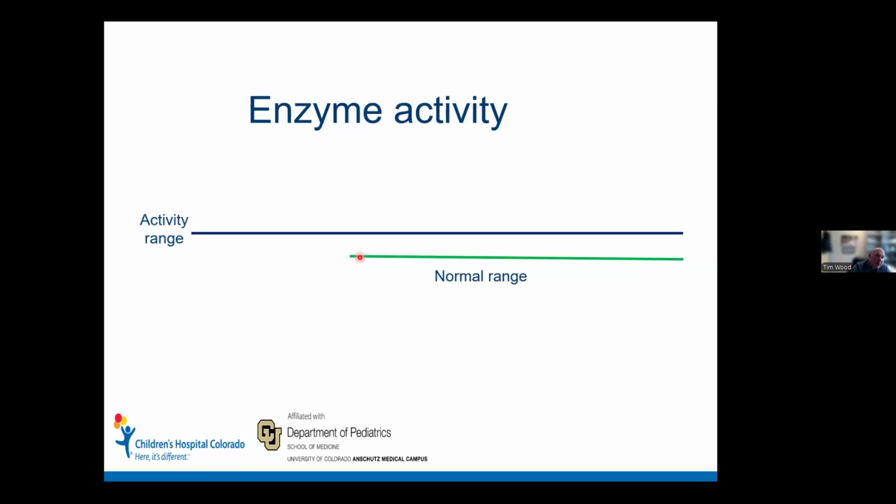This may be our normal range, but we really need to better define what our carrier range is. How does that overlap? And is there any overlap between the carrier range and the affected range? And it's down here where the red line and the yellow line meet, which gets really frustrating for clinicians, right?